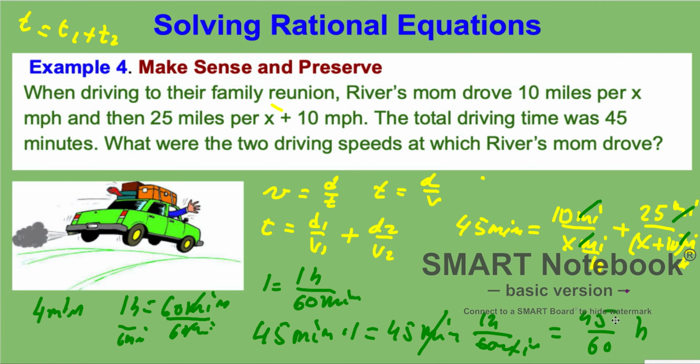Dividing everything by 15, 45 divided by 15 is 3 and 60 divided by 15 is 4. So 45 minutes is equal to 3/4 of an hour.